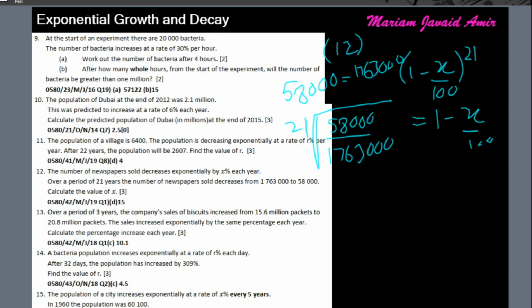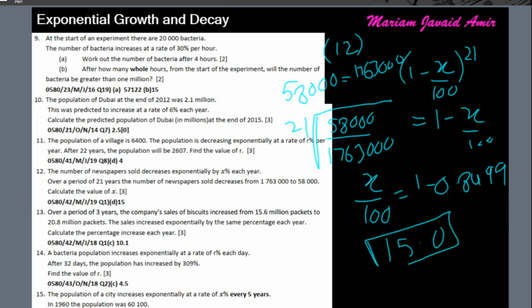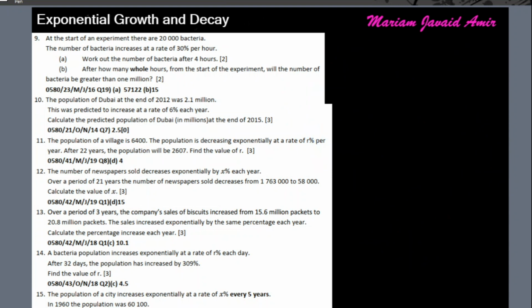Then I'll take X over 100 to this side and I'll write 1 minus the answer I just got. 1 minus answer times 100, so that is 15.0057. So to correct to 3 significant figures, it becomes 15.0. Question 13.